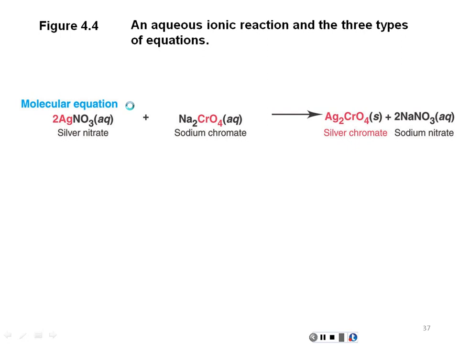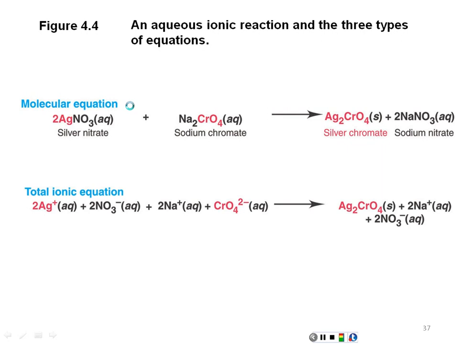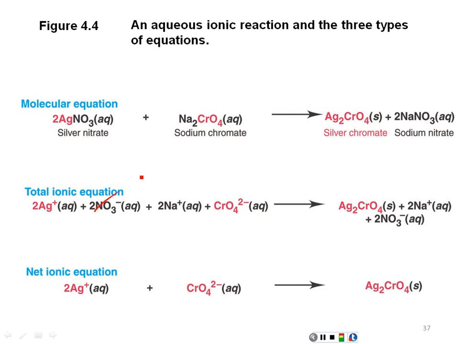If we want to show the total ionic equation again, you show these as they're fully dissociated. And the net ionic equation is when you subtract your spectator ions from your total ionic equation, and this is really just showing you what chemistry is occurring.